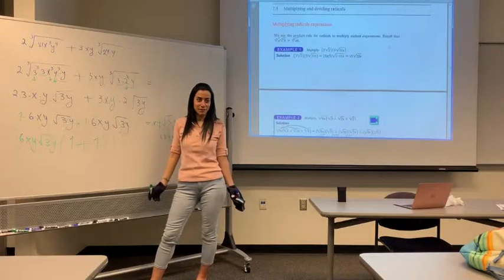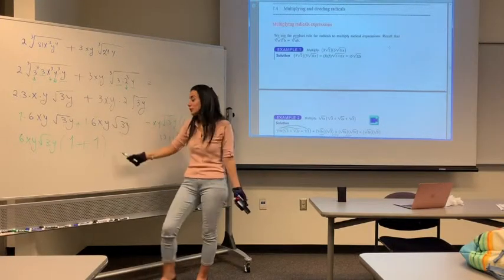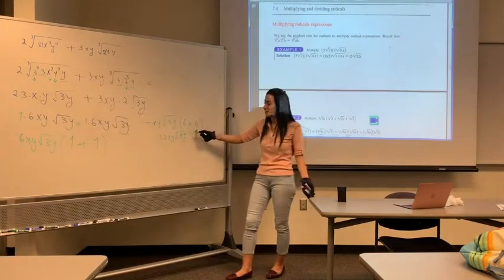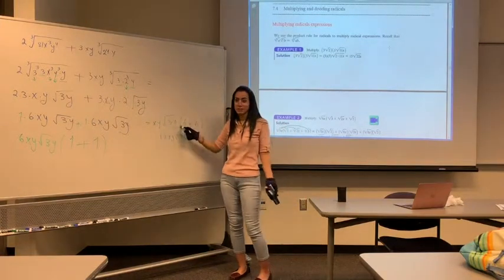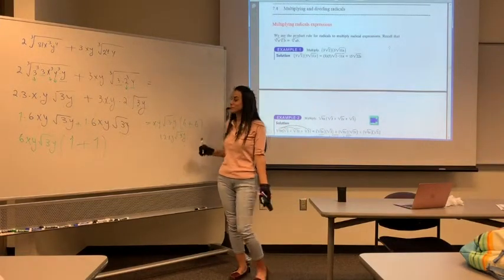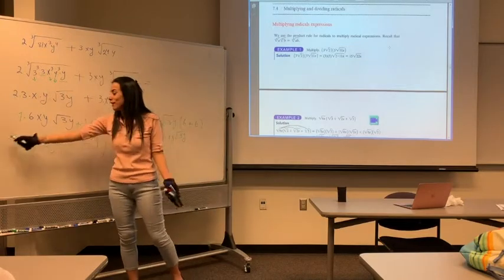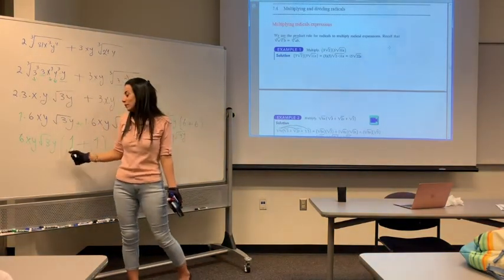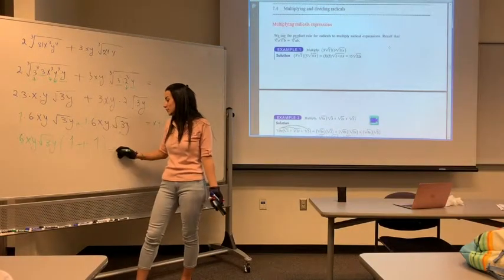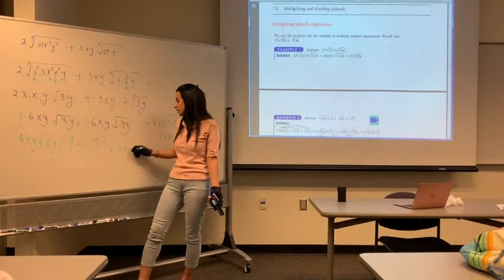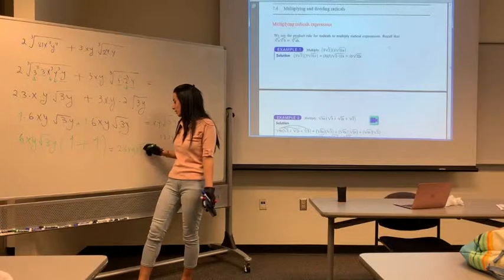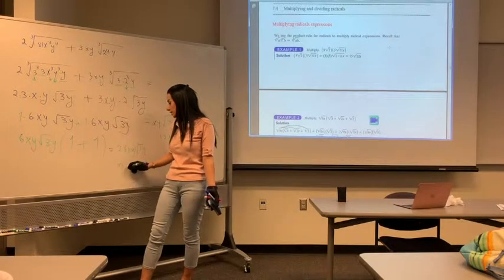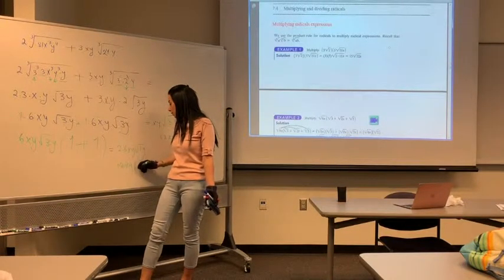Do you understand? Why are you doing that? I'm showing a different way. So here I said, bring out the common factor, and then 6 plus 6 remains. Here also bring out the greatest common factor. 1 plus 1 remains, so you have 2 multiplies to 6xy radical 3y, 12xy radical 3y.